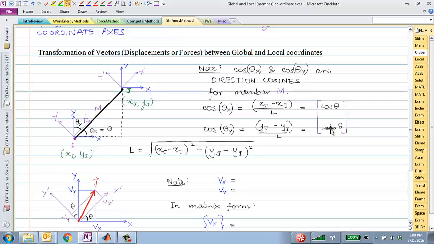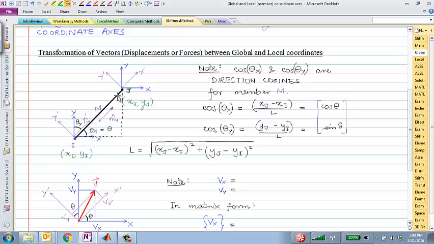It's pointing from node I to node J, right? X component is cosine theta, Y component is sine theta. So it is a vector that points in this direction, and I'm going to call it n hat m. n hat denotes a unit vector. m denotes the fact that it's associated with element m, and it's always pointing from node I to node j.